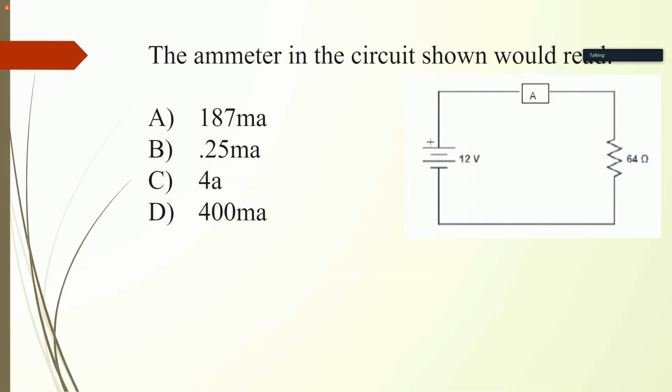The ammeter in the circuit shown would read. So we've got 12 volts applied and we've got a 64 ohm resistor. Right, so our total resistance is 64 ohms. Our voltage is 12 volts. What's our current going to be? 12 divided by 64.